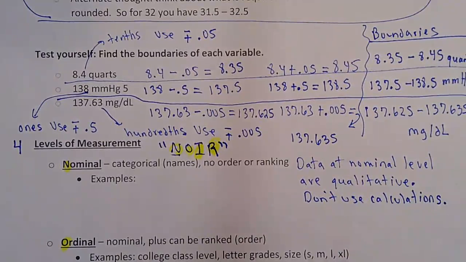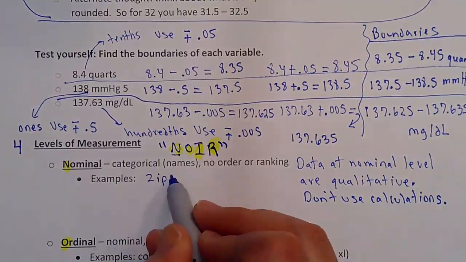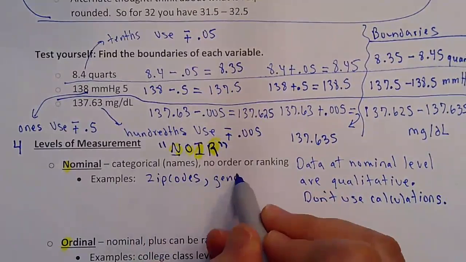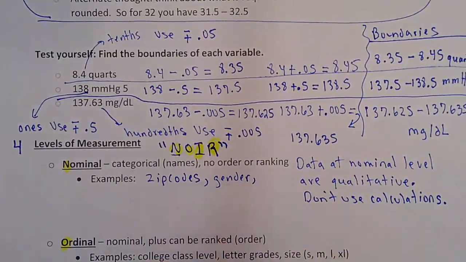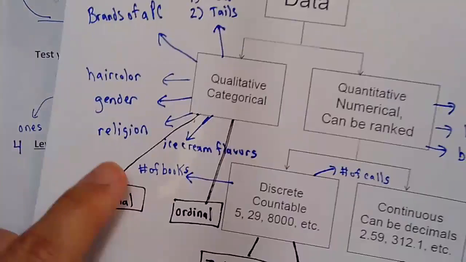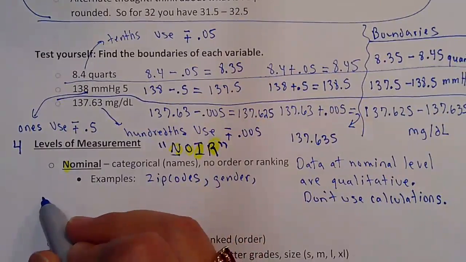All right. So examples would be like zip codes, also gender. Because it's going back, some of these are going to be repeated. Like we talked about gender and we talked about religion.